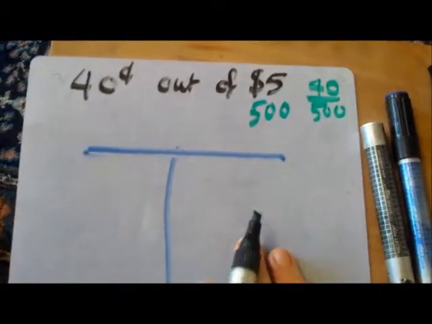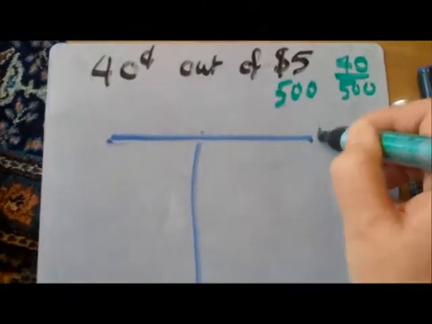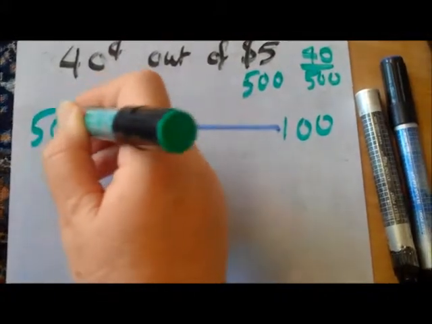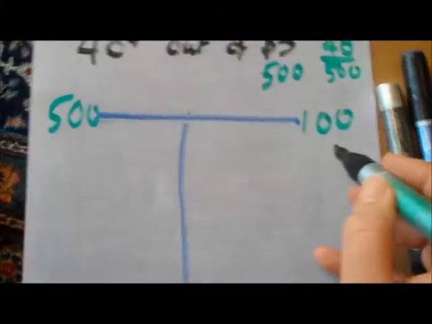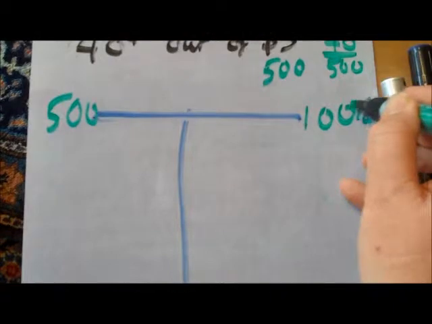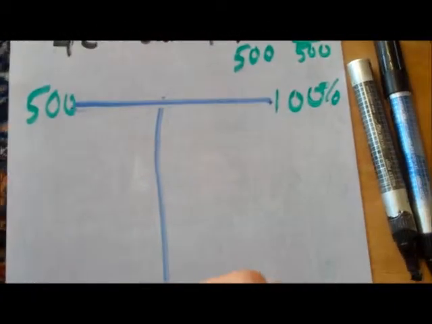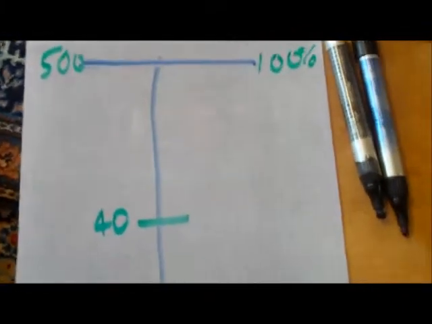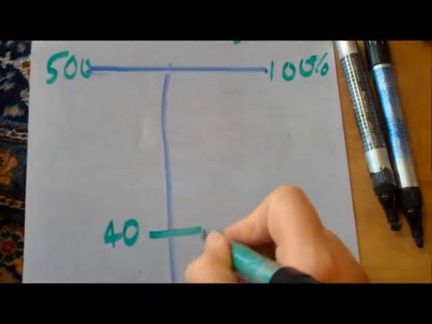So if you had 100%, you would have had $5 or 500 cents. So 100% on this side. But what have you actually got? You've actually got 40. And you would like to know what percentage that is.